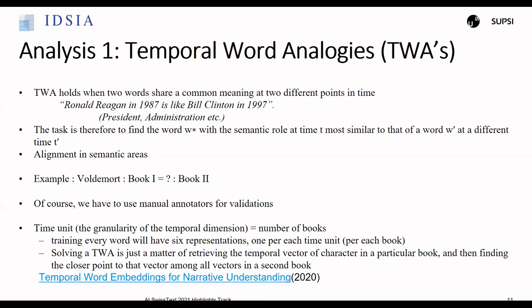This work is also published, and we found that the method helps us find the analogies, especially dealing with both static and dynamic analogies. If the character doesn't change, that is termed a static analogy, but dynamic means it refers to another character. Solving dynamic analogies is more difficult compared to static analogies.